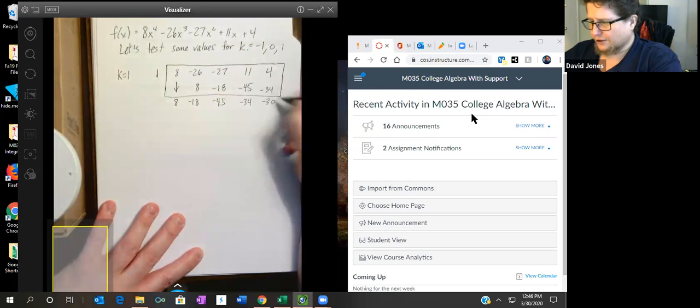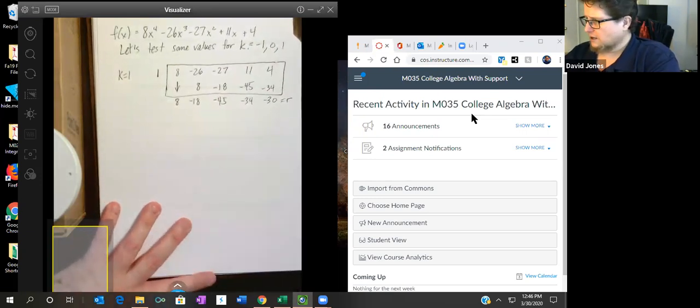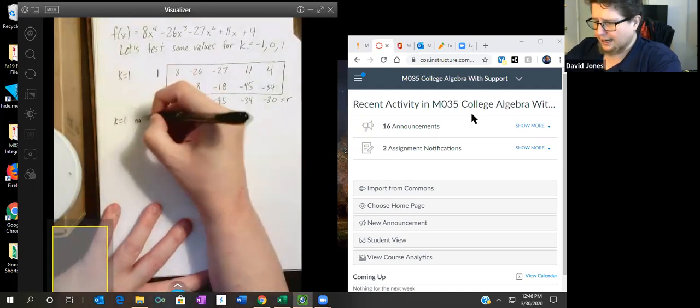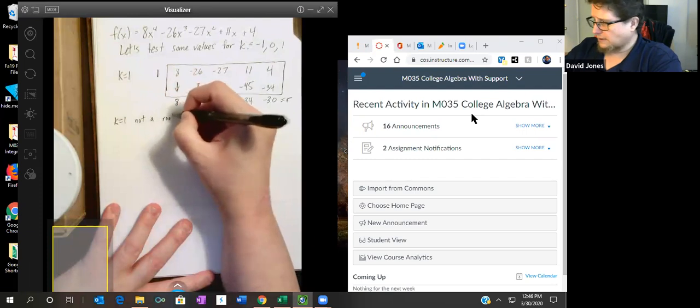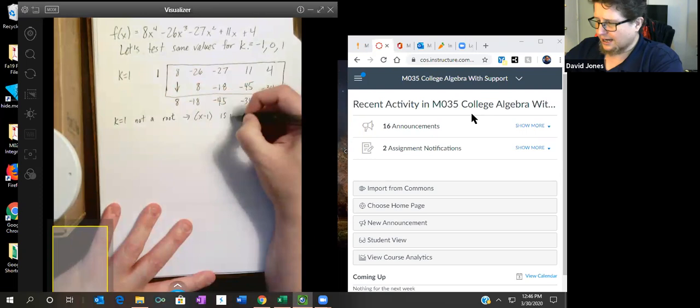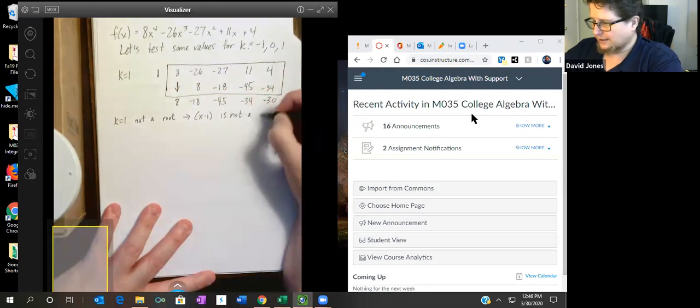And this is negative 30. That's my R. So this tells me k equals 1 is not a root, which means x minus 1 is not a factor of f of x.